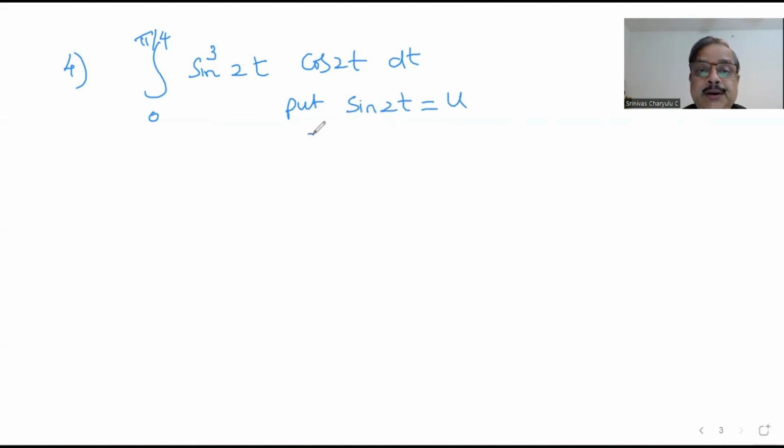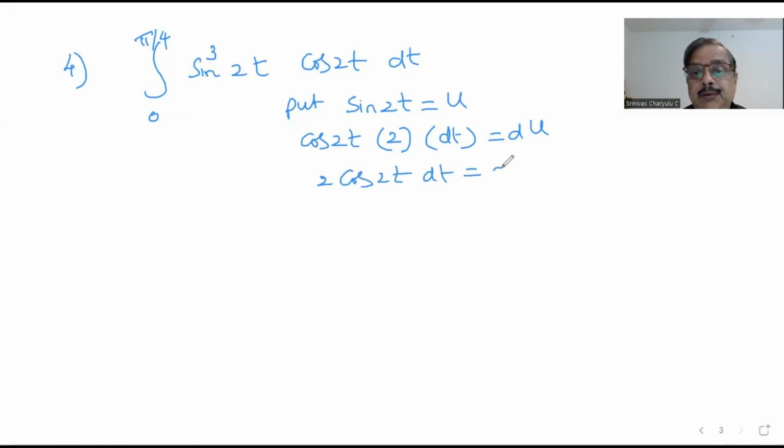Then differentiation of sine 2t will become cos 2t. 2t differentiation is 2, and dt is equal to du. Then we can write here 2 cos 2t dt is equal to du, or cos 2t dt is equal to du divided by 2.